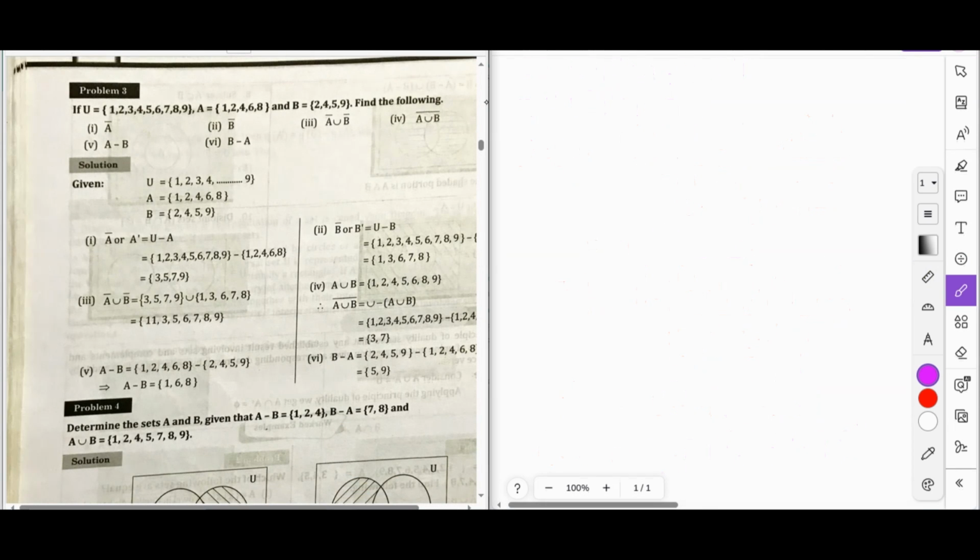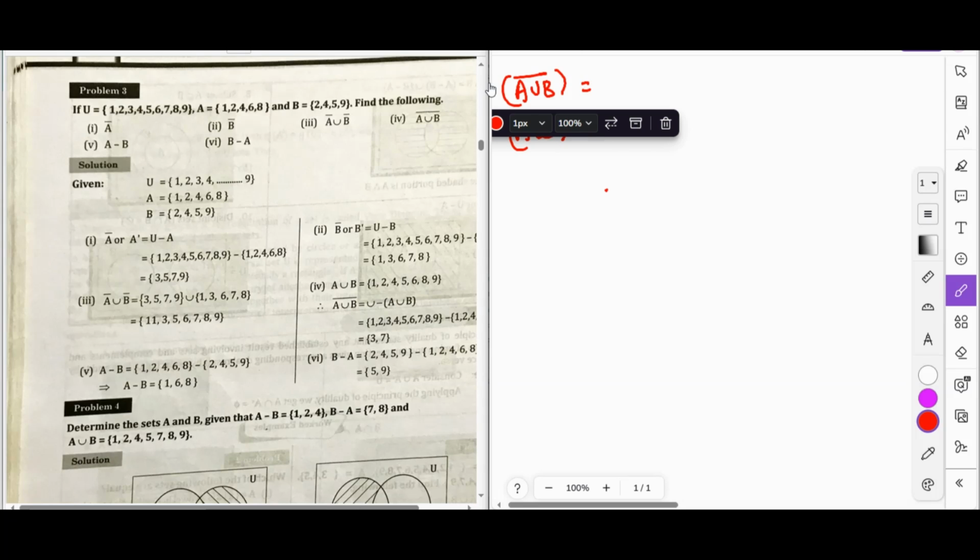Then they're asking you to find the next one, A union B whole dash. So first you should find A union B, then we'll find the dash of it. So what is A union B?